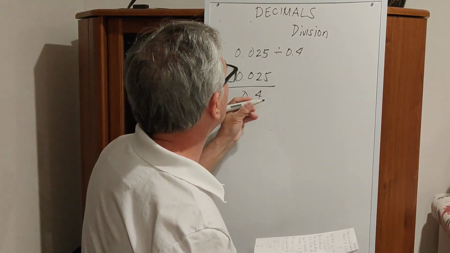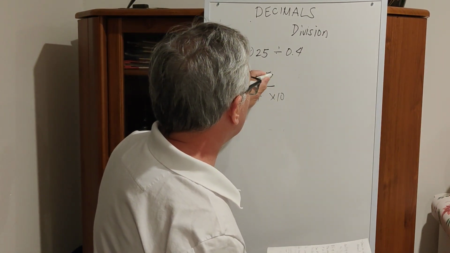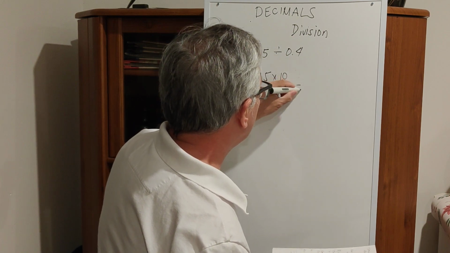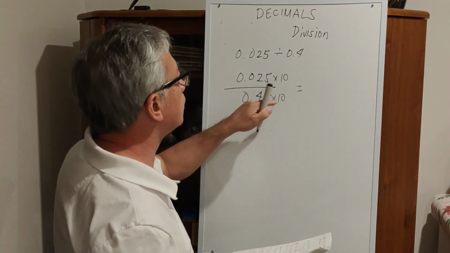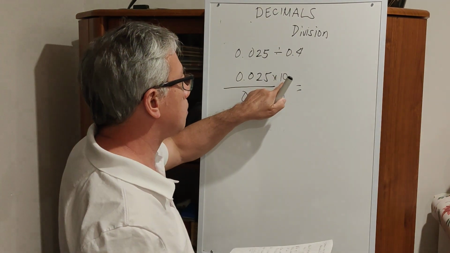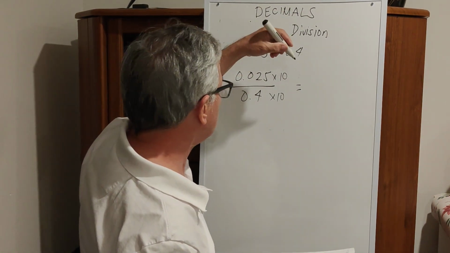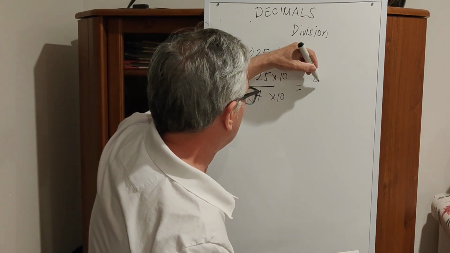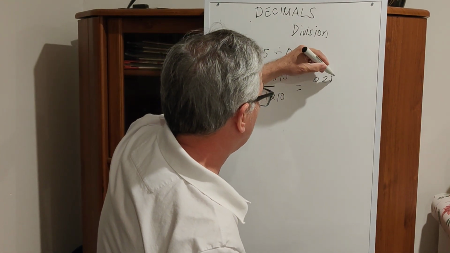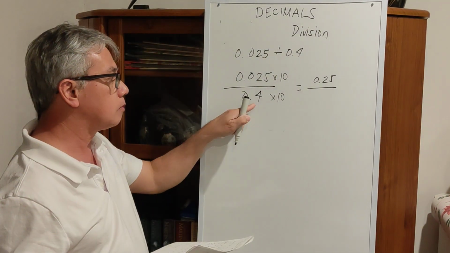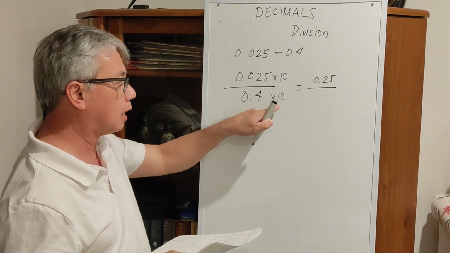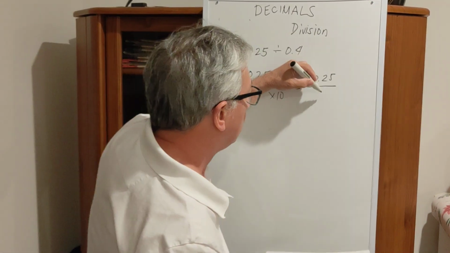So one decimal place for one zero. This one will become 0.25, and this one times 10 will become 4.